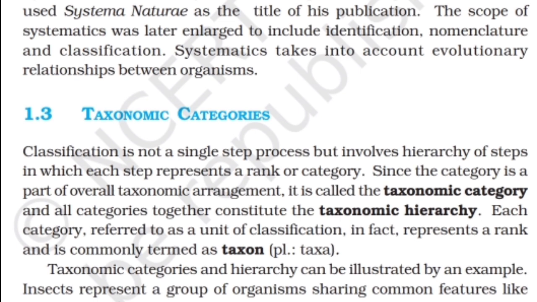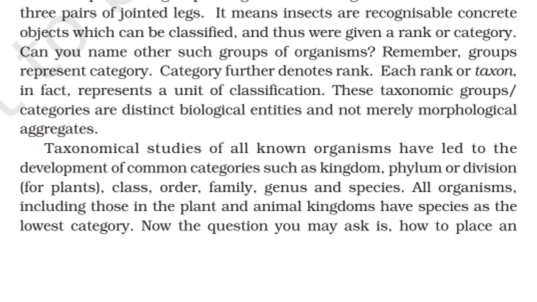Each category, referred to as a unit of classification, in fact represents a rank and is commonly termed as taxon (plural taxa). Taxonomic categories and hierarchy can be illustrated by an example. Insects represent a group of organisms sharing common features like three pairs of jointed legs. It means insects are recognizable concrete objects which can be classified and thus were given a rank or category.